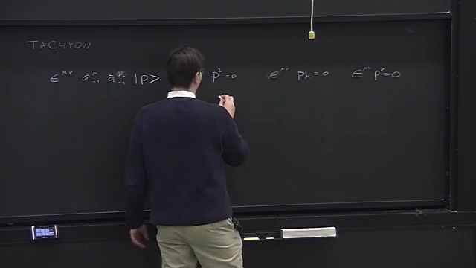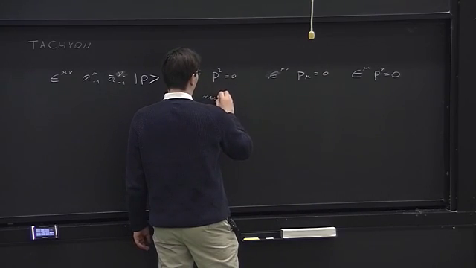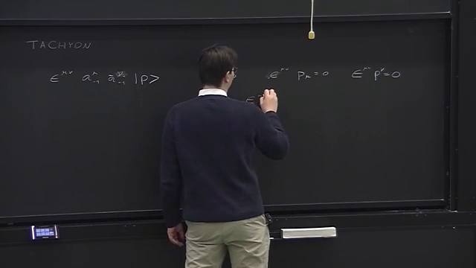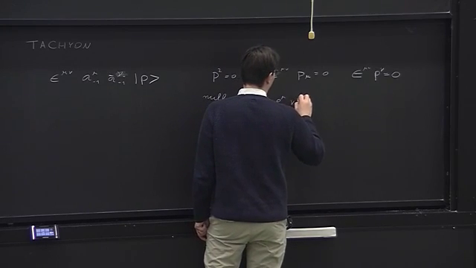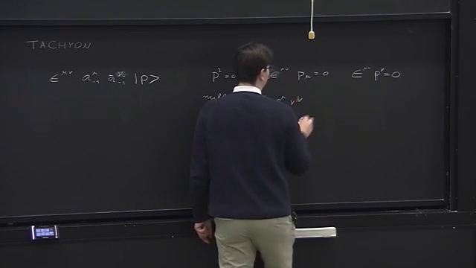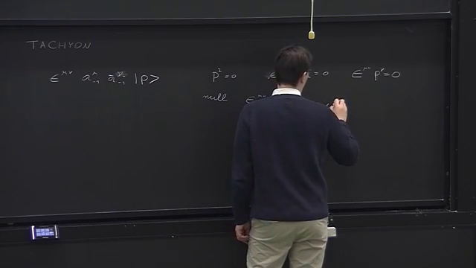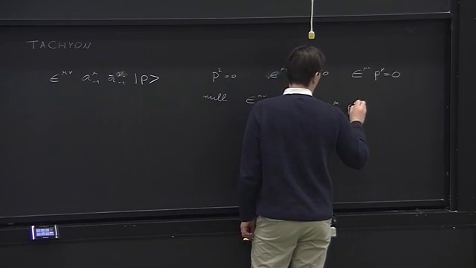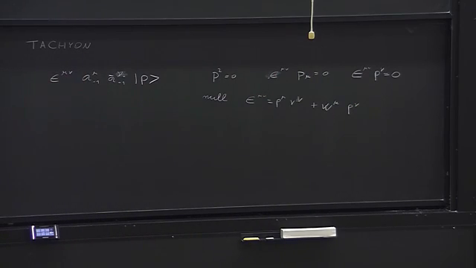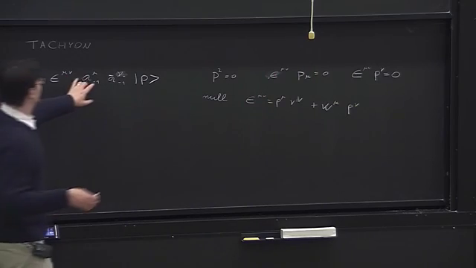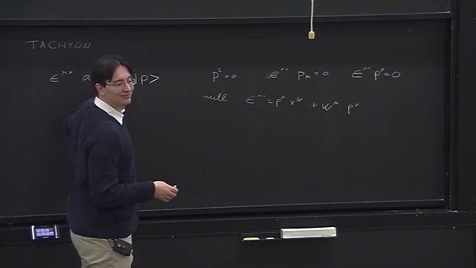And I want to throw away null states where epsilon mu nu is P mu times some u nu. So the string states I get at level 1 are actually objects which carry two indices, two spacetime indices.